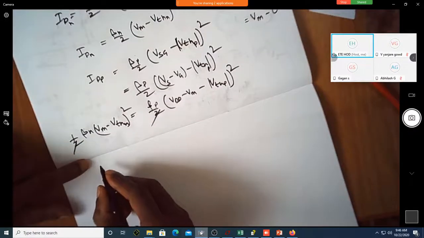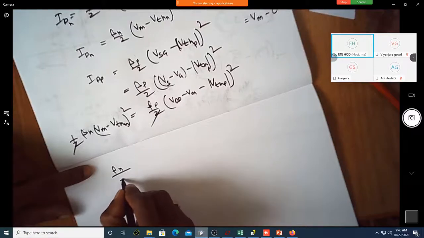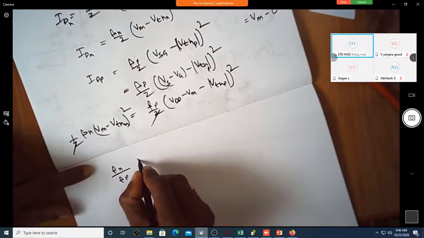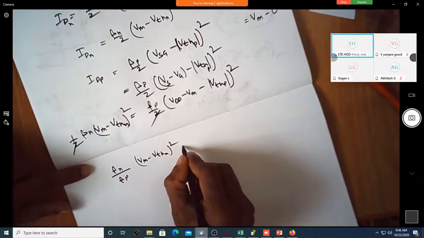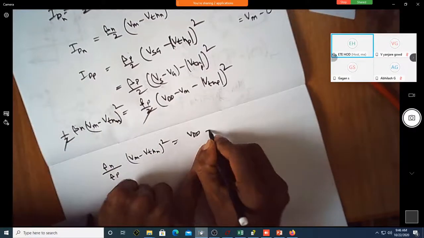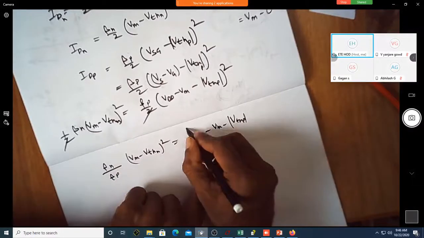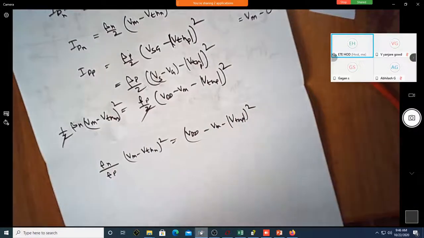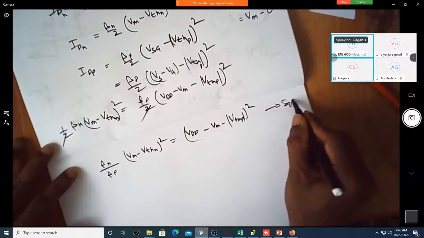Can I now write beta n by beta p, and of course (Vm minus Vth of n) whole square, is equal to (VDD minus Vm minus magnitude of Vth of p) whole square? Yes, sir. Let me just take the square root on both sides.